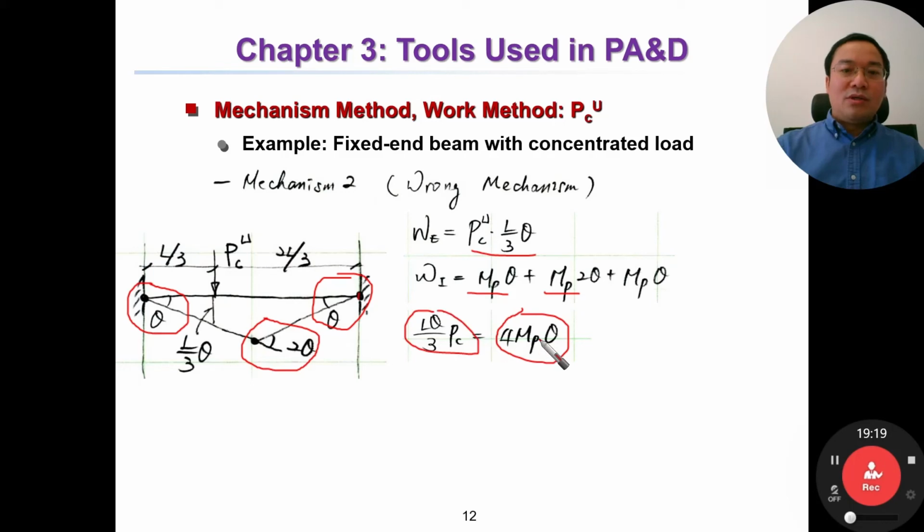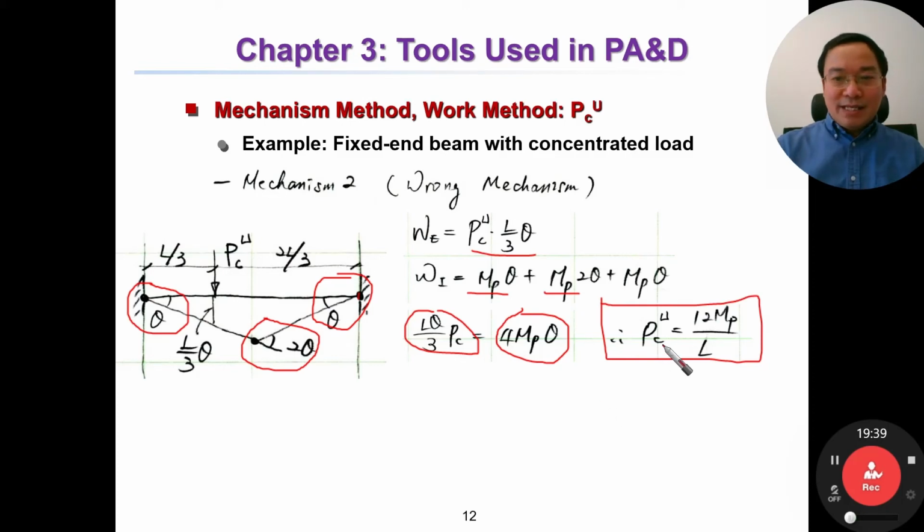External work equals internal work. By solving this equation, we have PC equal to 12 MP over L. Compared to the previous value, we found that this is bigger than the correct solution.